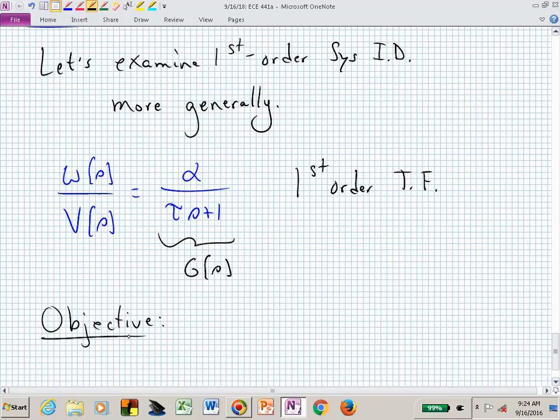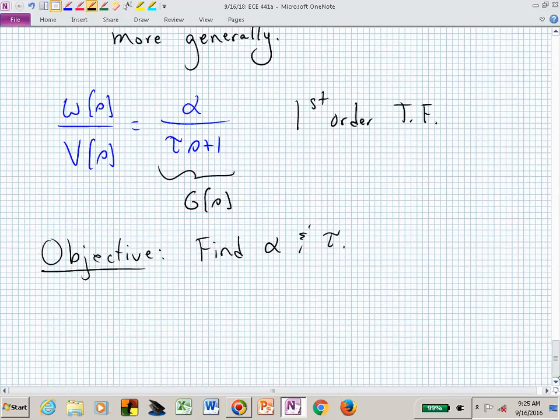What's our objective? We're just trying to find alpha and tau, just like before. But now maybe somebody gives us different information than that entire curve or the final value and the settling time.